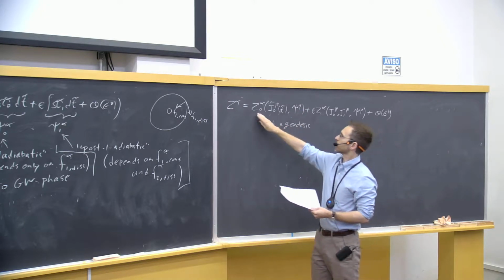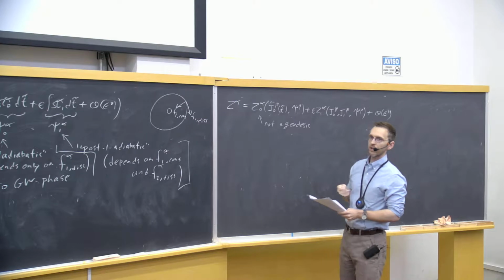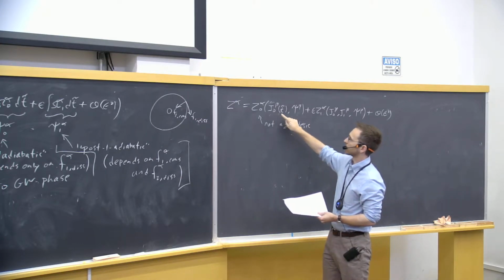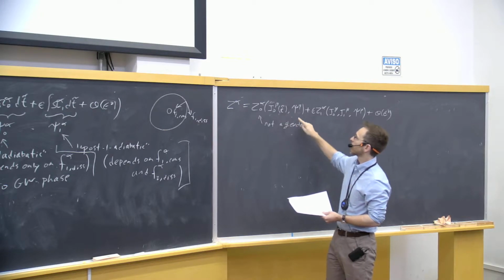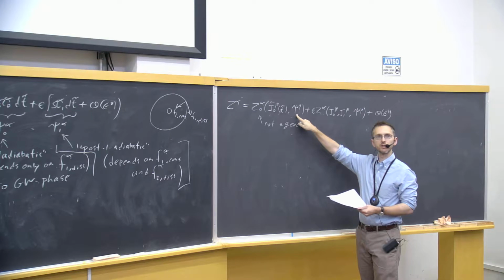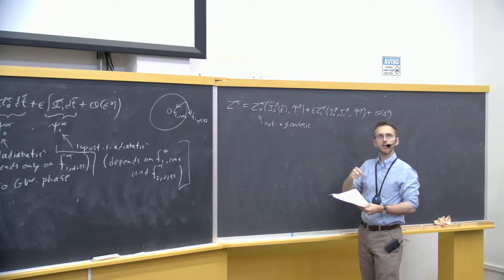So this is the same function of J and psi as you would have for a geodesic, but it's not the same function of time because J0 is evolving with time now, and this is evolving with time in a different way than it would be for a geodesic. Is that clear to everybody? Okay.